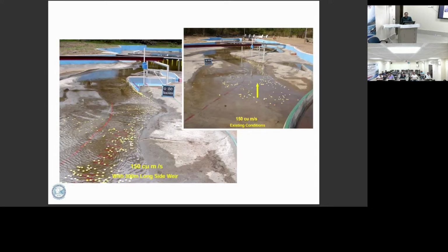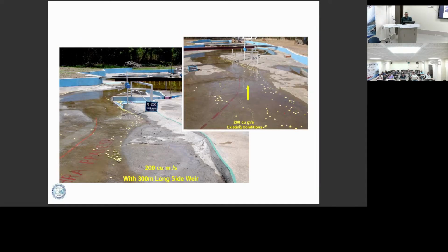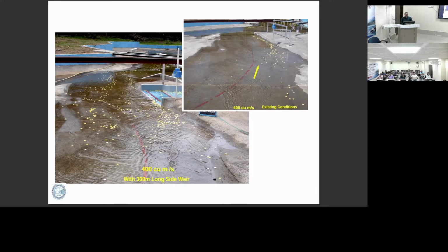So this is the construction. You can see the construction of the side weir. This is an existing condition. You can see a little bit of water was passing, not negligible. Then for 200 years, a little more discharge has passed here. These are all floats actually. So here in 400, more discharge has passed.